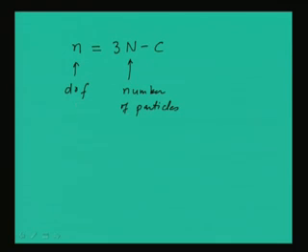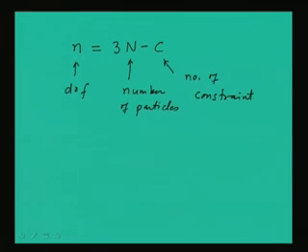This degree of freedom we are relating with the discrete system. So N is the number of particles, and C is the number of constraints a particular system has. We will see what these constraints are.